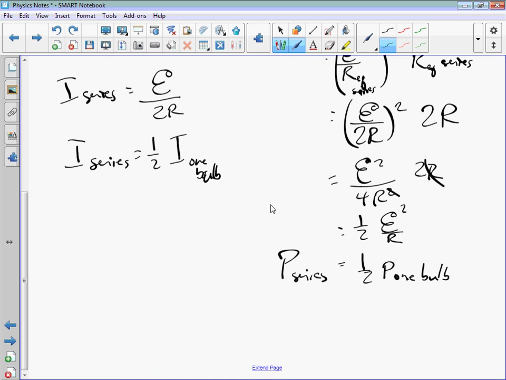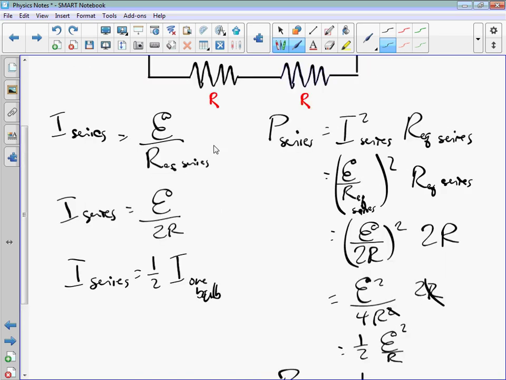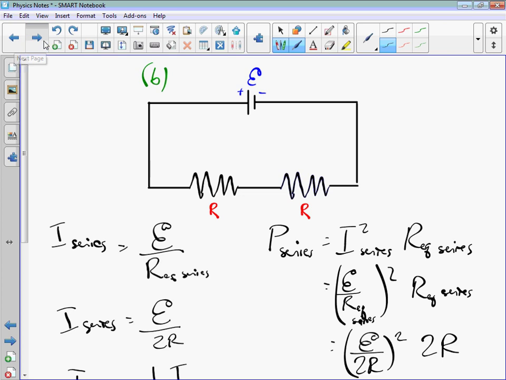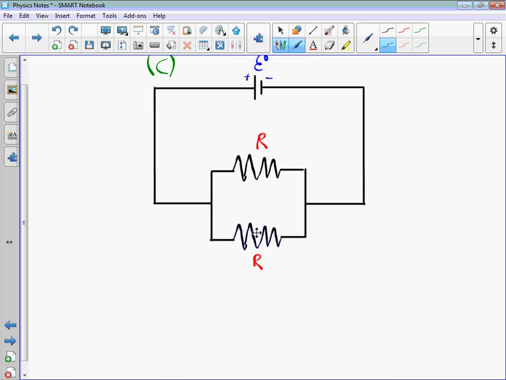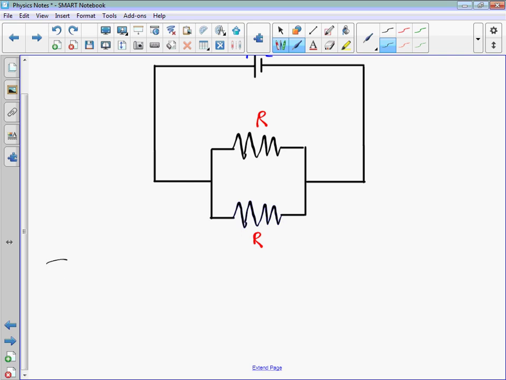Okay, one more to do. That's the parallel resistance. Compare these back to our original bulb. So our current in parallel is equal to our EMF over our equivalent resistance in the parallel circuit.